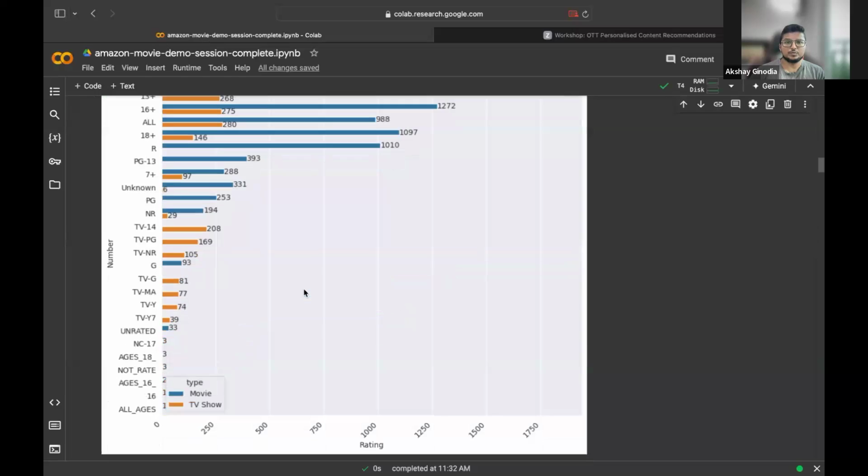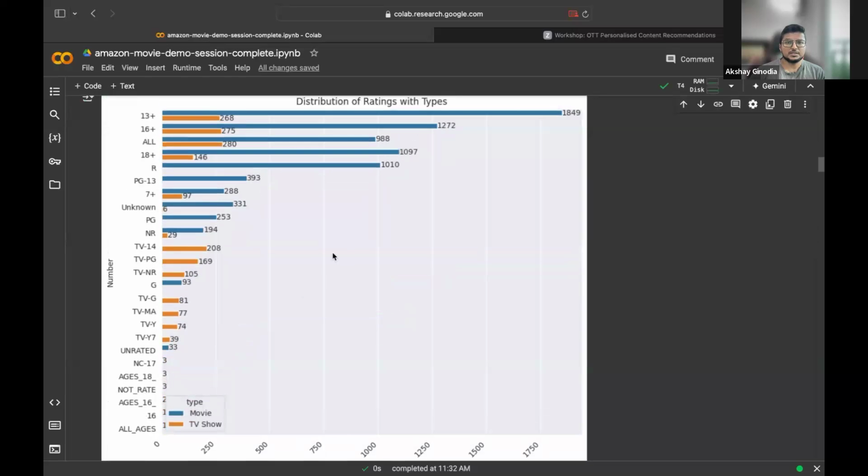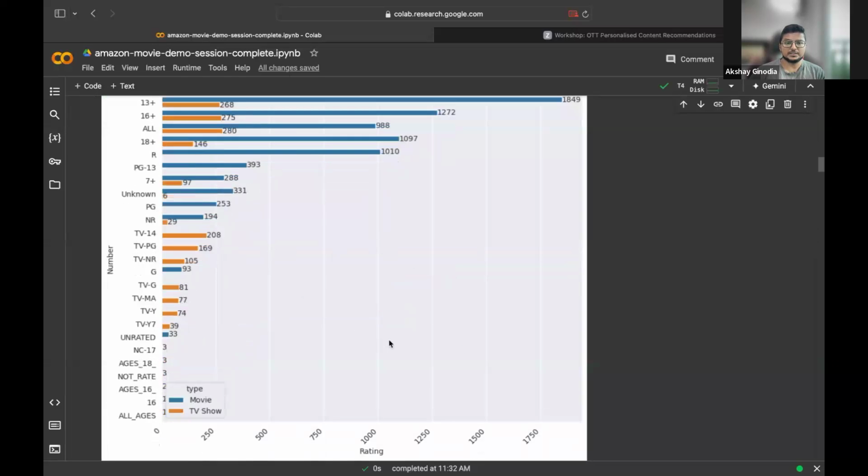Type is nothing but movie and TV show. All right. So for movies and TV shows, both of them have 13 plus, 16 plus. All these ratings are dominating it. But you see some ratings like TV 14, TV PG, TVNR, there are no movies around it. There are only ratings for TVs only, right? And there are some more ratings here which are dominated only by TV. So that's an interesting insight in terms of the rating itself.